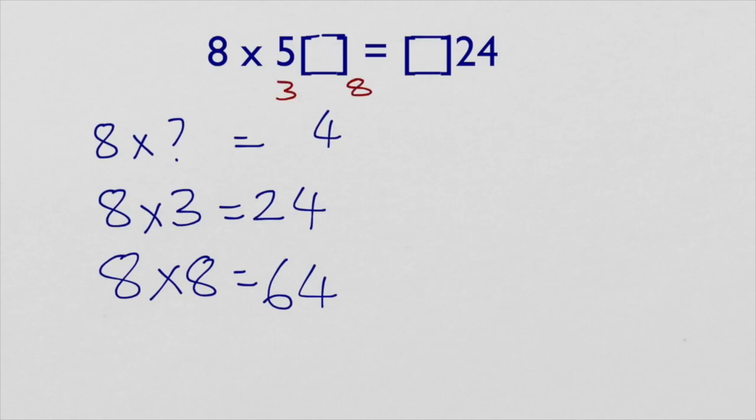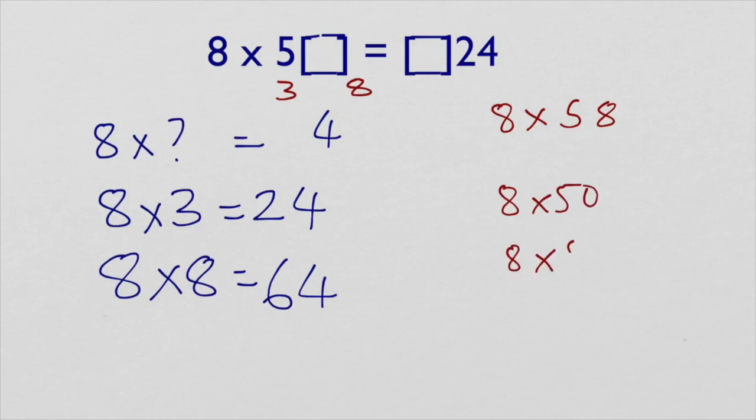So next thing you can do is just work out 8 times 53 and 8 times 58 and see which one fits into the answer. So let's do 8 times 58 first. There are plenty of ways I can multiply for that, but it's 8 times 50 and 8 times 8. We can add those together and we get 464.